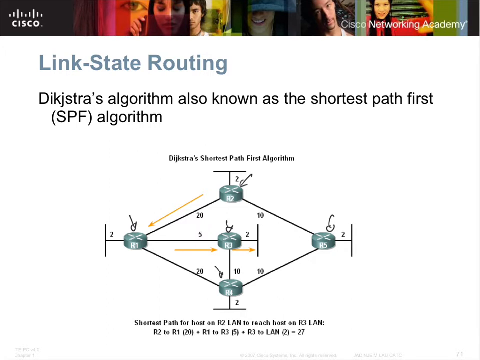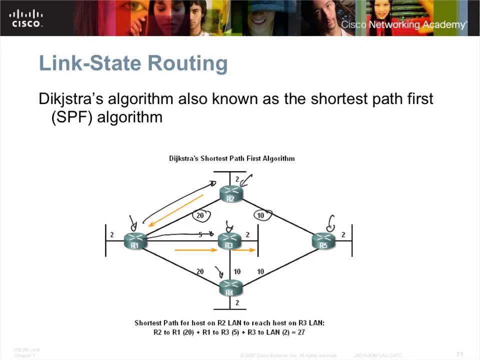For example, if we want to know the shortest path from router 1 to router 5, then we can calculate based on the cost, of course. We know the cost of every single link. Router 1 will say, to reach router 2, I will possibly have to go directly to router 2. To go to router 3, I will have to go directly to router 3.